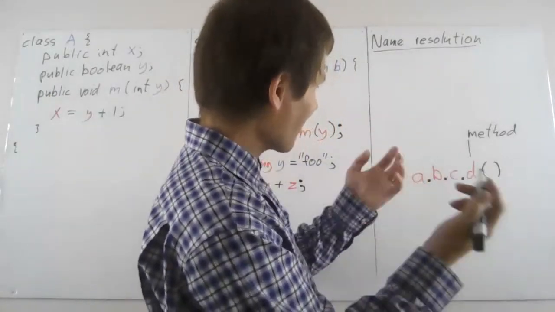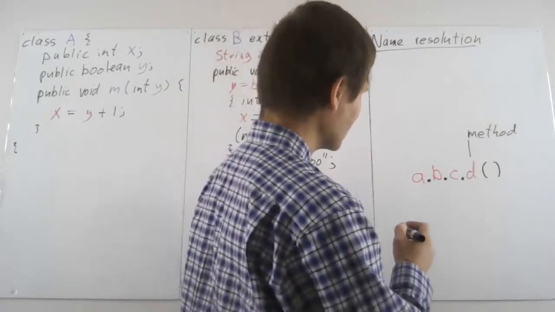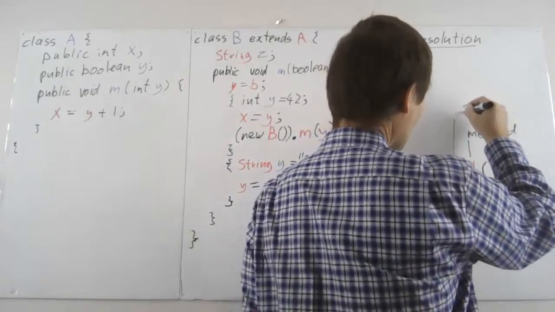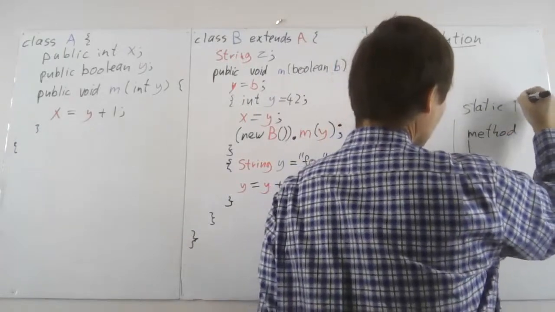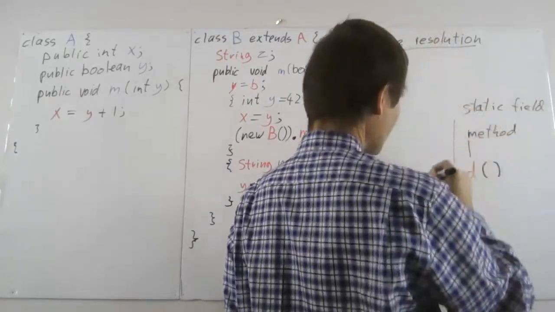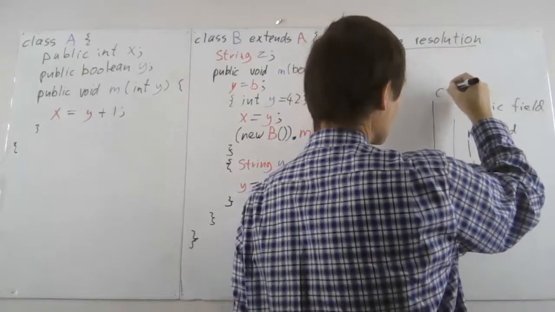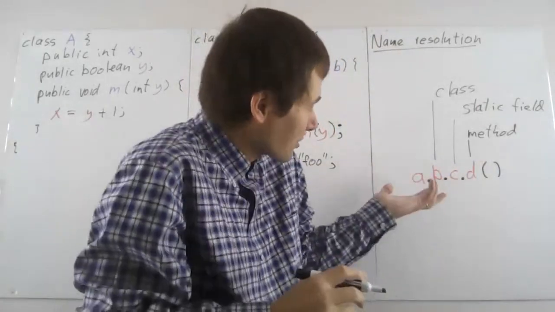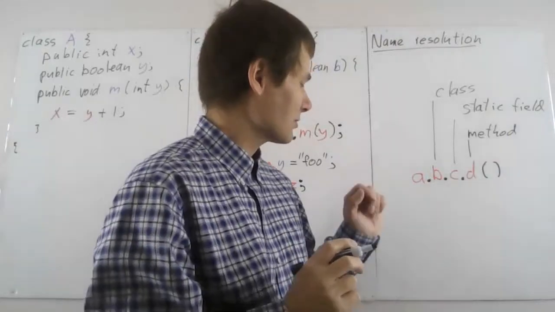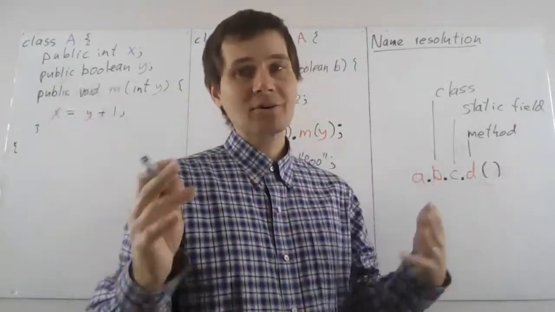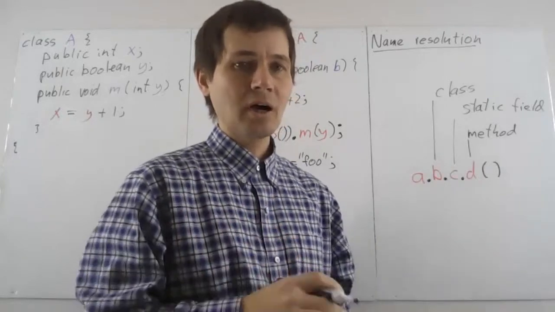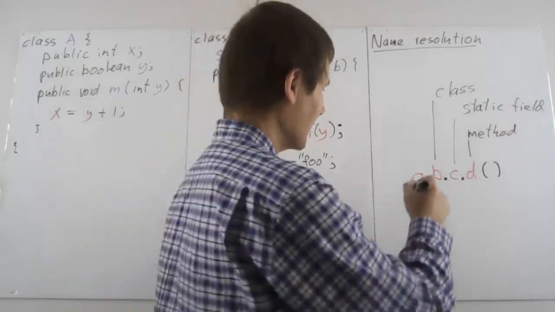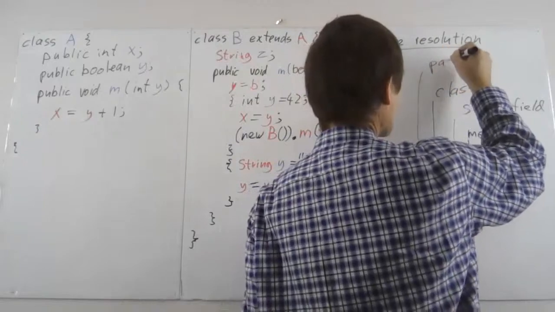So one thing that we could have here is that maybe C is a static field in some class named B. So B, little b, is the name of some class, and typically as a convention we use capital letters for class names, but there's no requirement that forces that, so it could be a class with a lowercase name, and then A would be the name of a package.